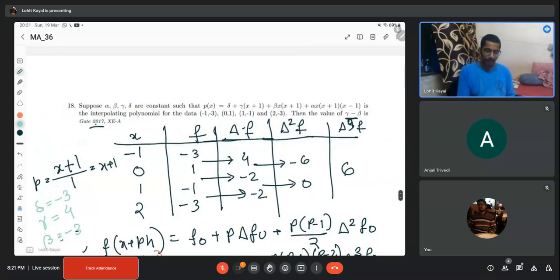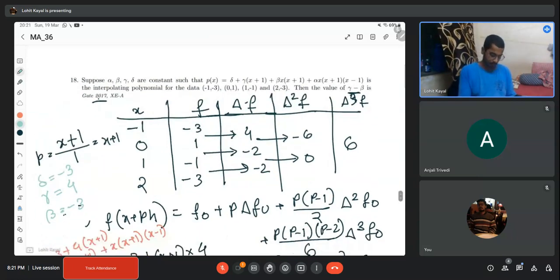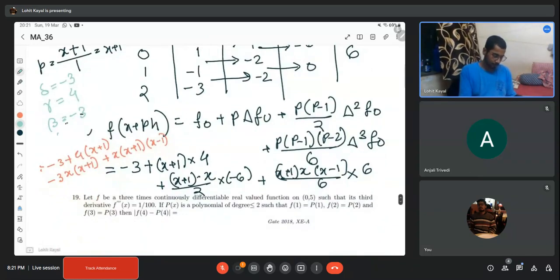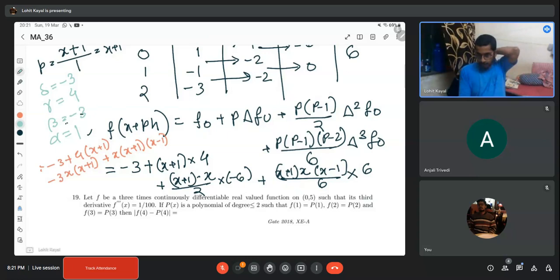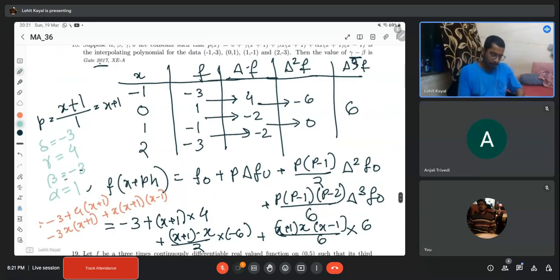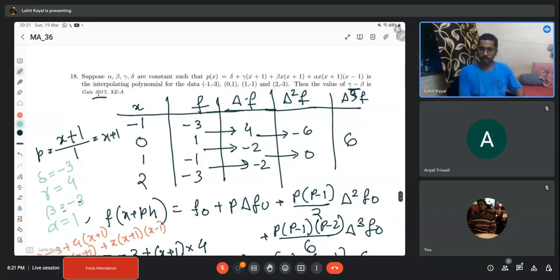And alpha into x plus 1 into x minus 1, so alpha equals 1. In the question, it is told that you need to find the value of gamma minus beta. So what is gamma minus beta? Gamma minus beta is equal to 7. So this is your final answer.